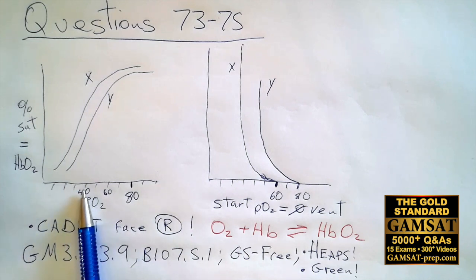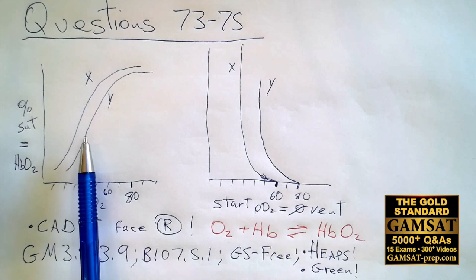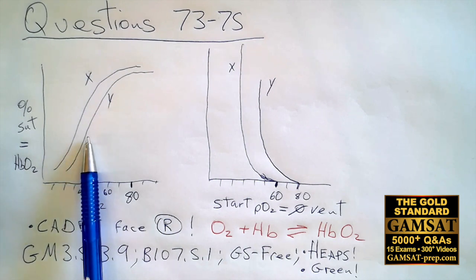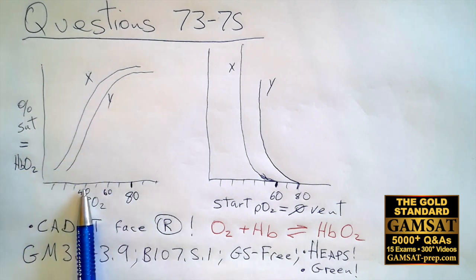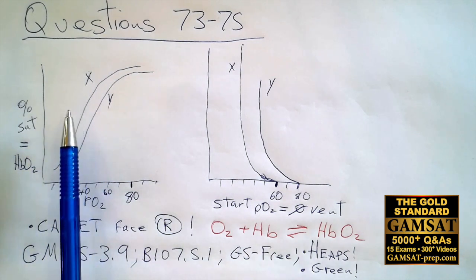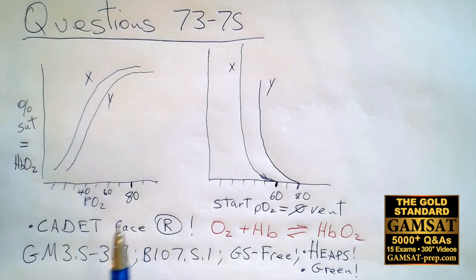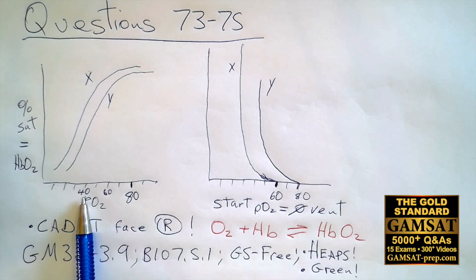Hopefully, when you take a look at 40 and you go up, you're going to see that the hemoglobin saturation for Y is approximately 45%. And the hemoglobin saturation at the same Po2 for X, let's say it is about 70%. And so at the same oxygen concentration, curve Y has a much lower oxygen affinity for hemoglobin.